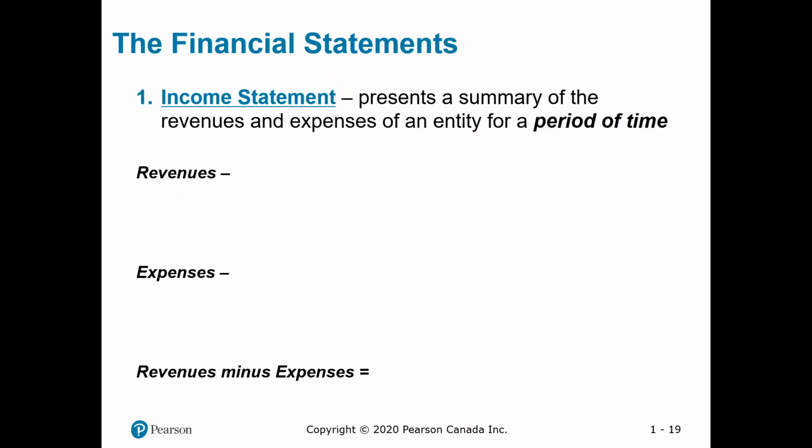The income statement presents a summary of revenues and expenses of an entity for a period of time. What are these items? Revenues are amounts earned by delivering goods or services to customers.